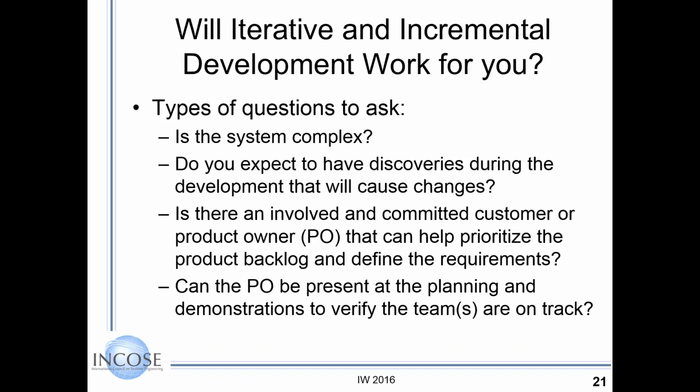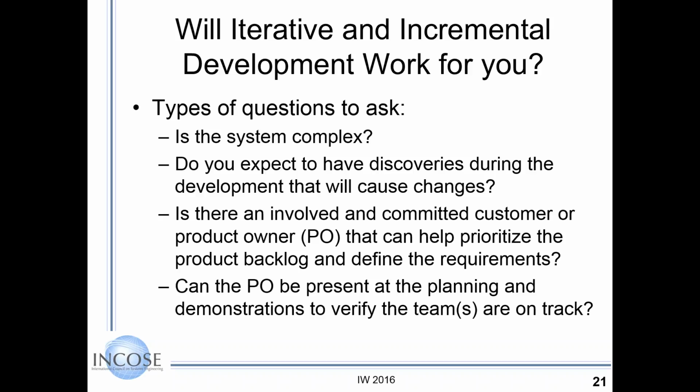So these are the types of questions that you might ask your supplier during a supplier and their proposed Agile practices. Do you expect to have discovery development that will cause changes? Are involved and commit a customer or product owner that can product backlog?